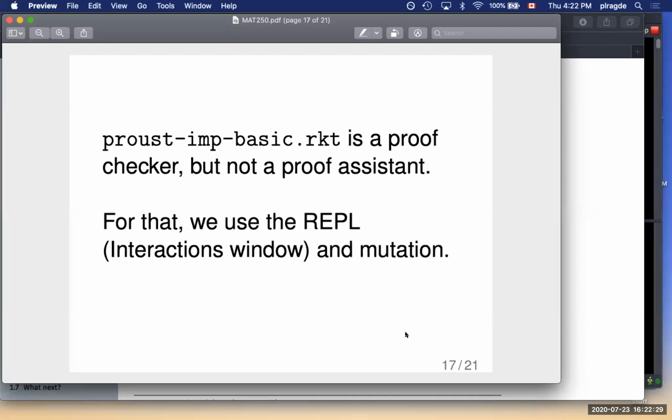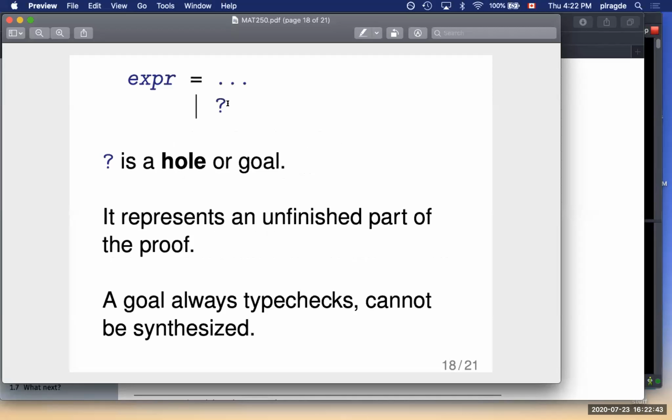So if we're going to have Proust assist with proofs, we have to introduce the notion of a partial or incomplete proof. And we do that with one addition to the grammar, a question mark. So now an expression can be any of those things before: lambda, function application, variable, annotation, or just question mark.